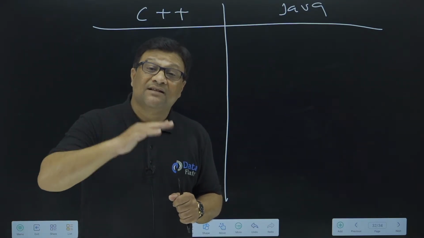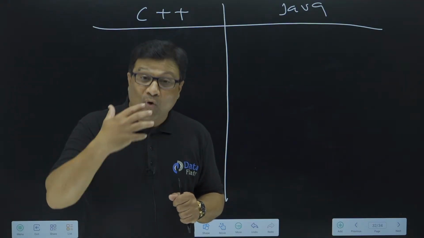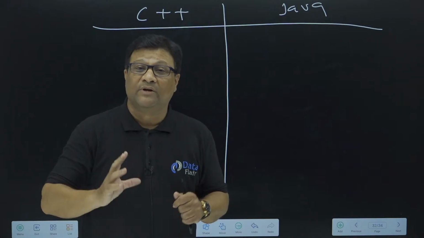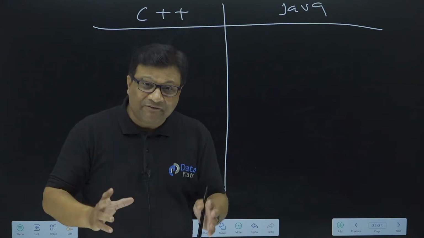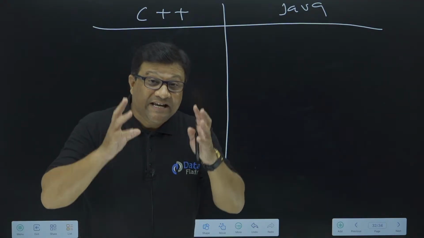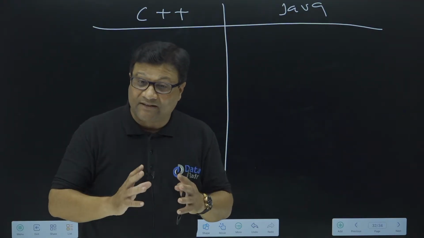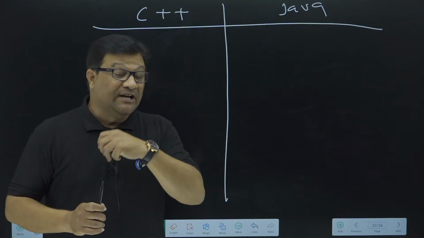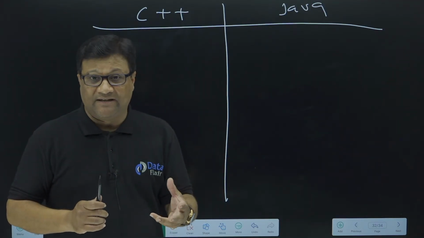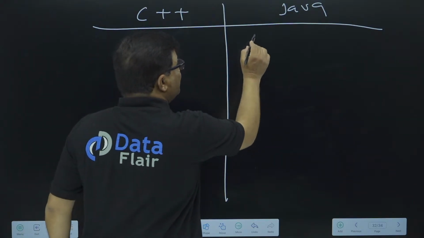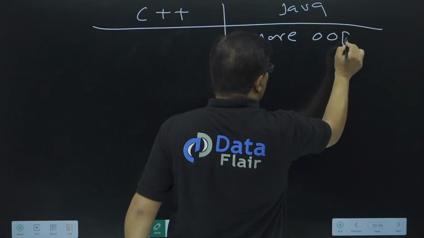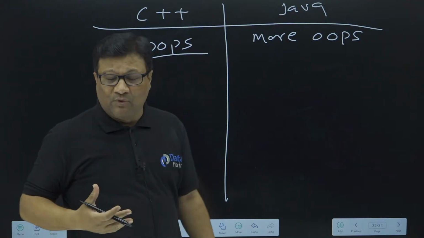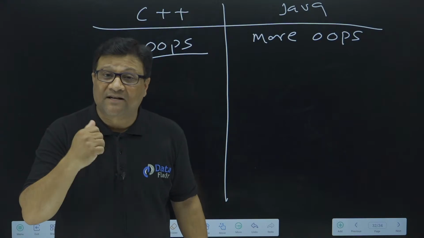Again, I'm telling you, Java is not purely object oriented, because a language is called purely object oriented only if it has objects, not variables. But in Java we have variables as well as objects to store data, so we cannot say that Java is purely object oriented. But yes, Java is more object oriented as compared to C++, and C++ is partially object oriented.